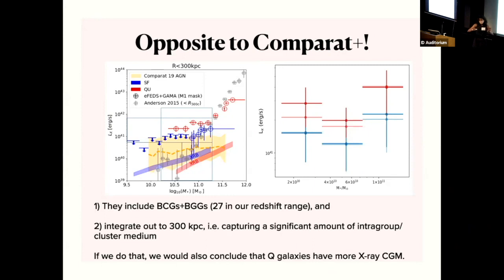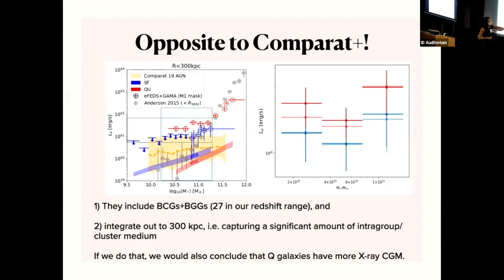Whereas I said no. The reason this is going to bias your measurement is that you're going to have group galaxies which are preferentially more quenched. Galaxies in groups and clusters are preferentially more quenched than galaxies in the field. So the things that they did not mask out will only contribute to the Q stack, not the star forming stack. So that's thing number one.